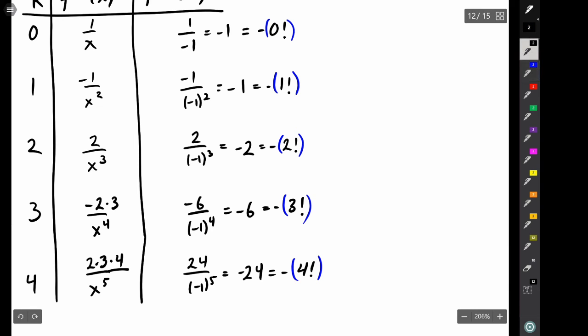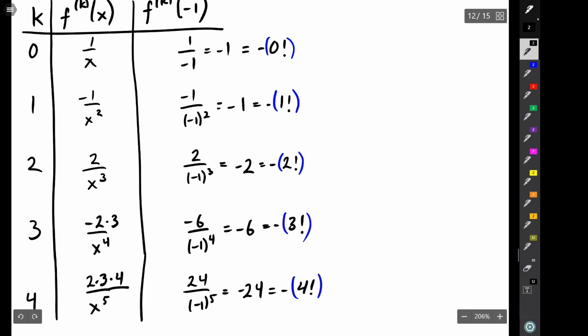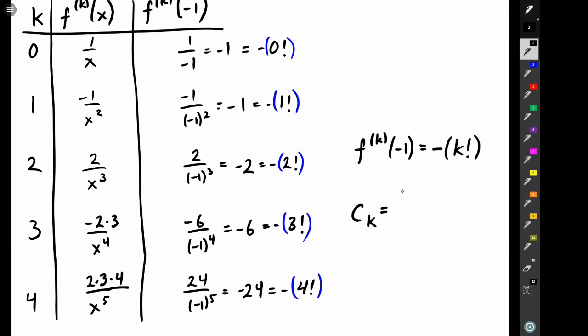So the pattern we see here, hopefully you can see it, is that the kth derivative at -1 is going to be negative k factorial. And so the Taylor coefficient here is going to be -k factorial over k factorial.